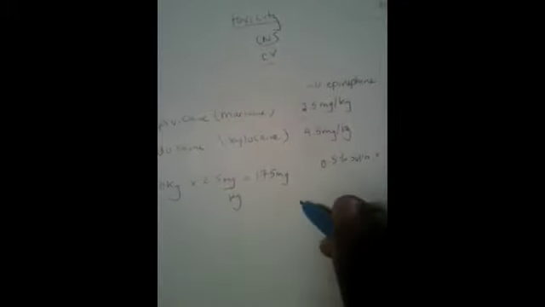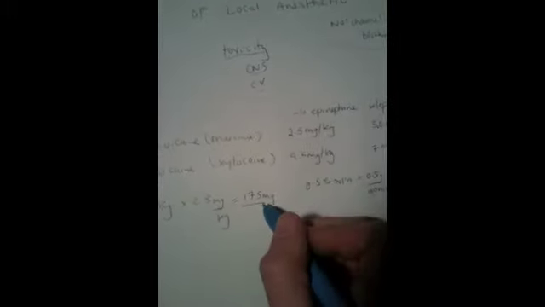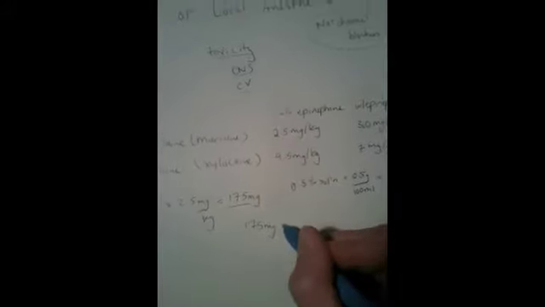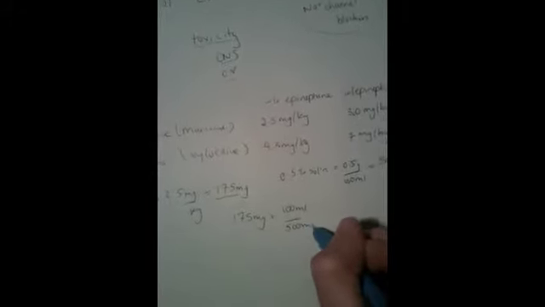So if we have 175 milligrams that we can give this patient, 175 milligrams times, for every 100 mils, there are 500 milligrams. That's equal to, having done the math already, 35 mils total.